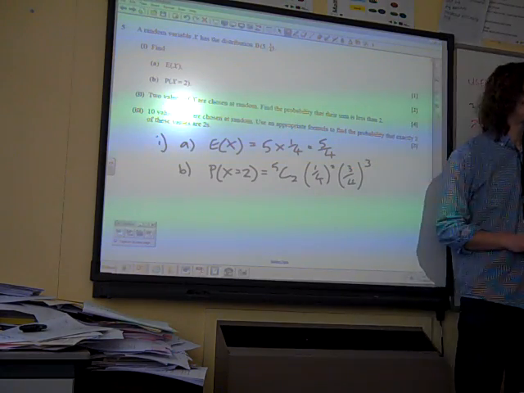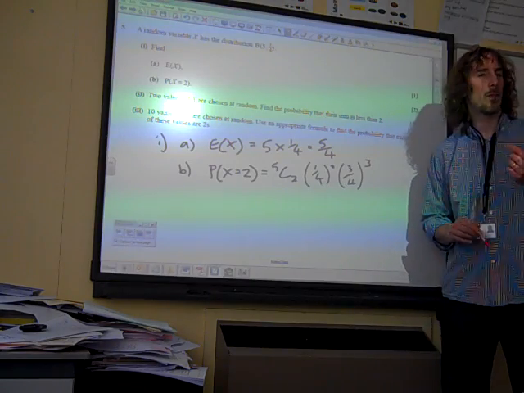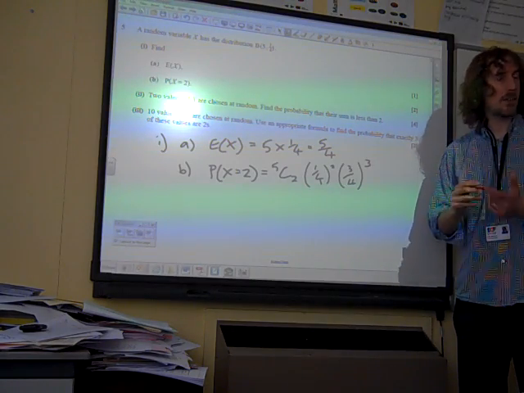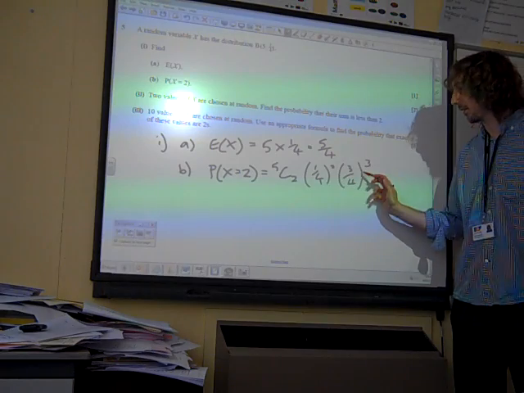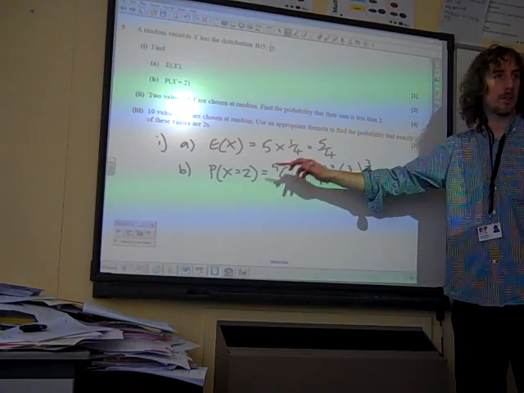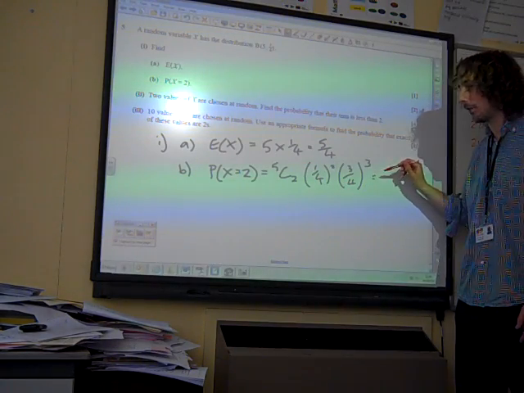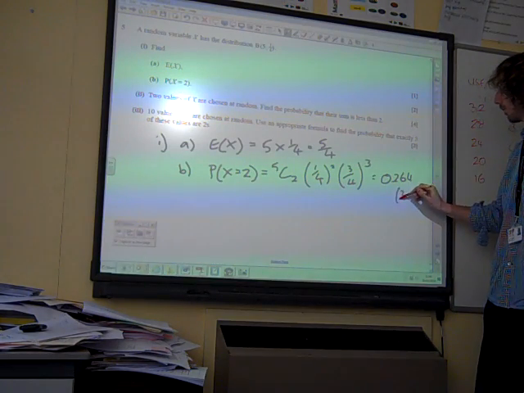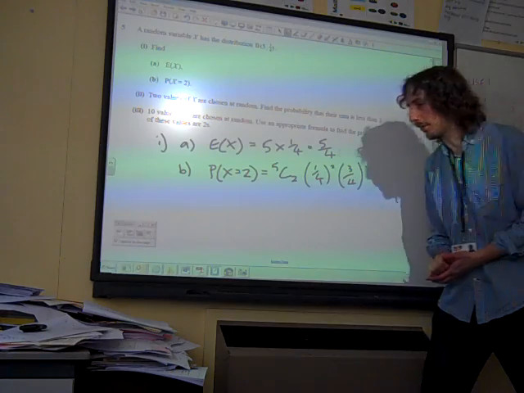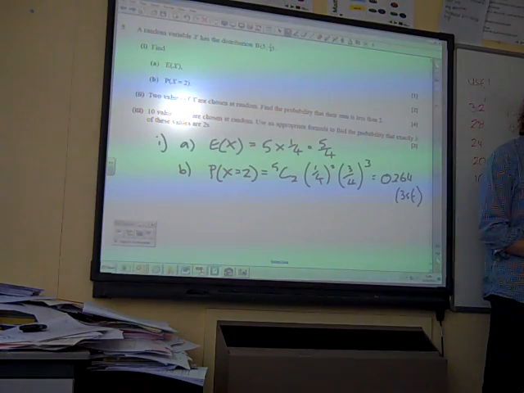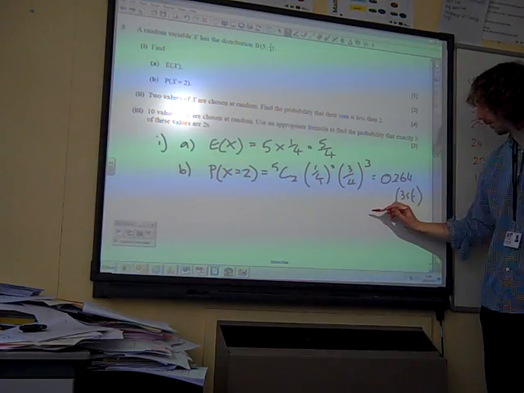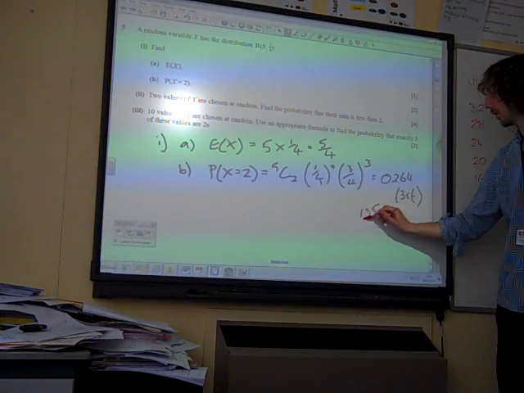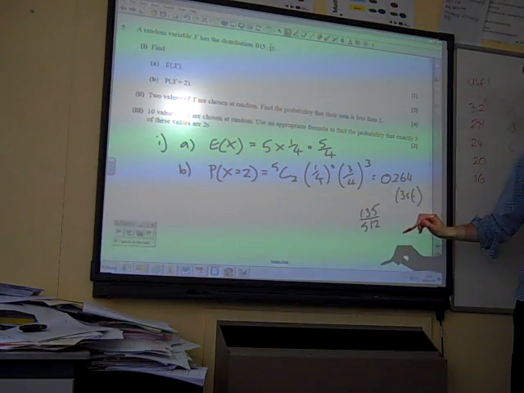You can think this through logically as well. This is just 2 successes, 3 failures. How many different ways can you arrange that? It gives you, I think, 0.264 to 3 significant figures. If you write 135 over 512, that is also the right answer. There we go.